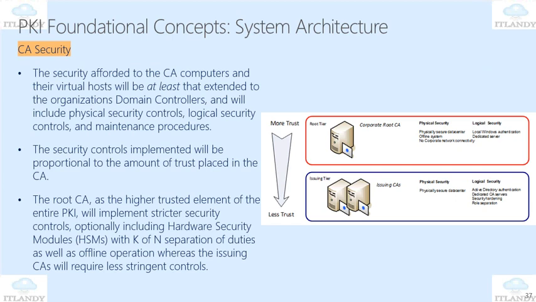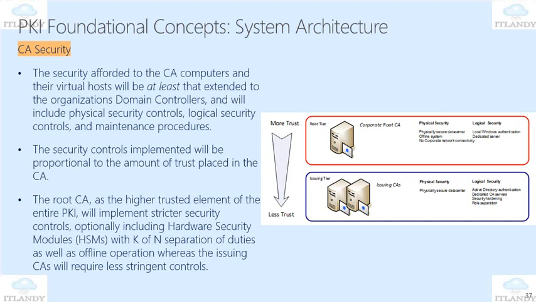Next is security. The security offered to the CA components, the CA computers and the virtual host will be at least that extended to the organization's domain controller and will include physical security, logical security control, and maintenance procedures. The security controls implemented will be proportional to the amount of trust placed in the CA.